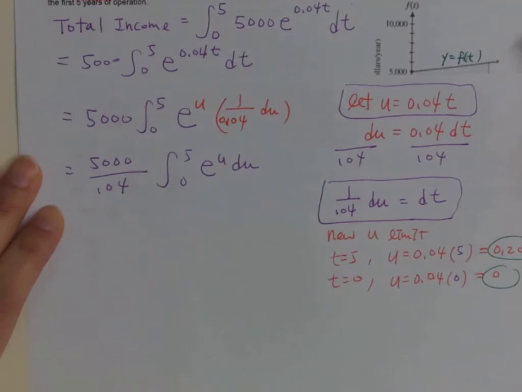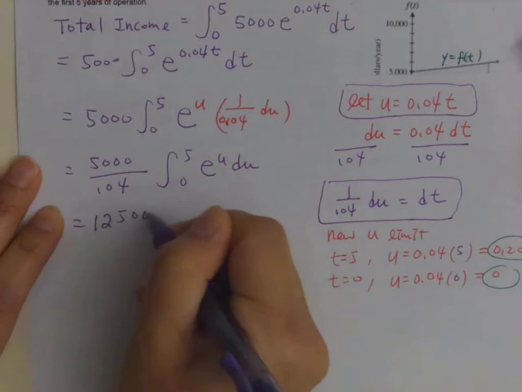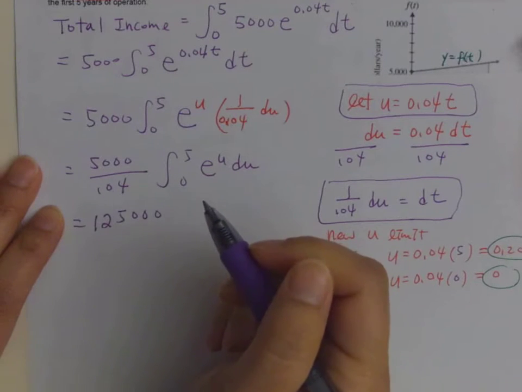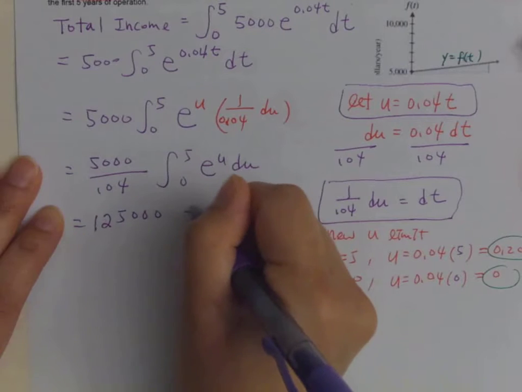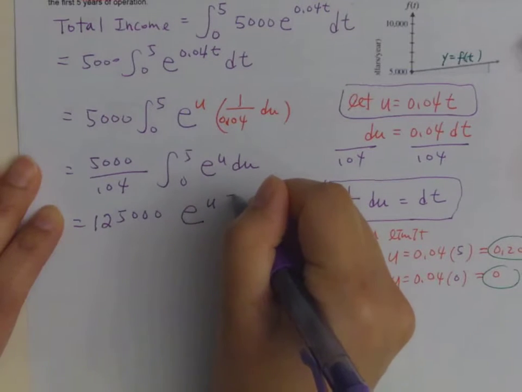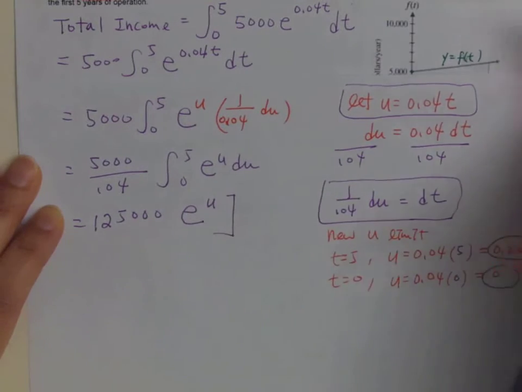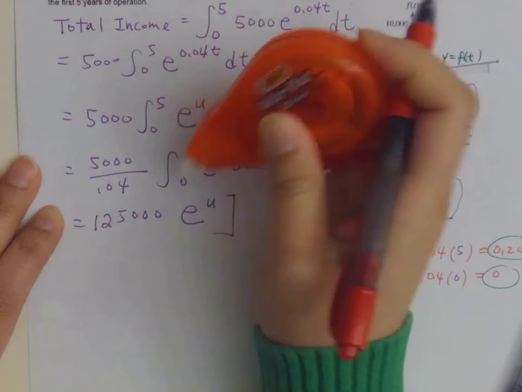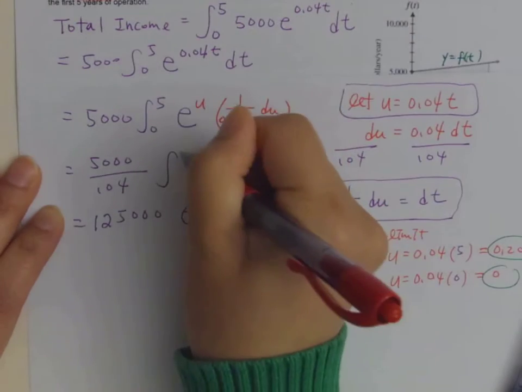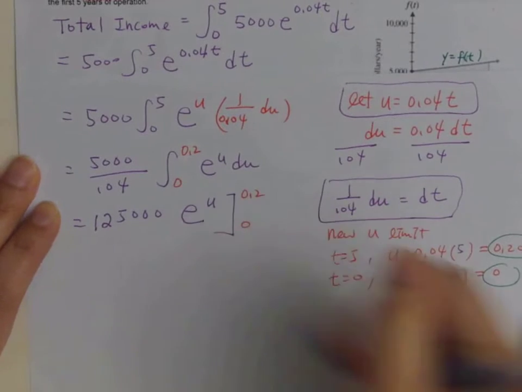That is going to be 125,000, right? And then to take that, it would be e^u, and that's it. Plug in the new limits, which is 0.2 and 0, got it.